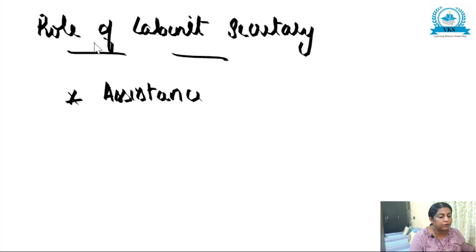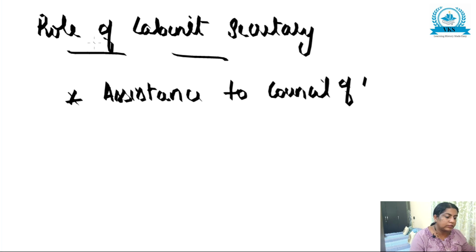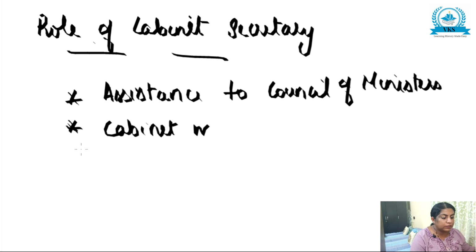That is the main function. So the cabinet secretaries are mainly drawn from the senior most officers of the Indian Administrative Service, and the main function is to provide assistance to the Council of Ministers. He deals primarily with cabinet ministers.